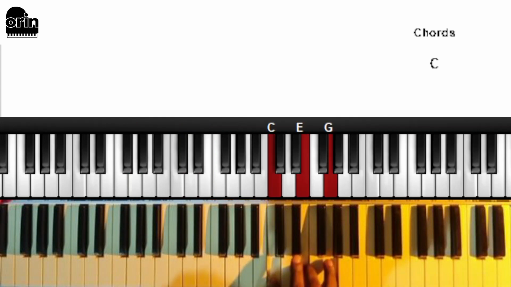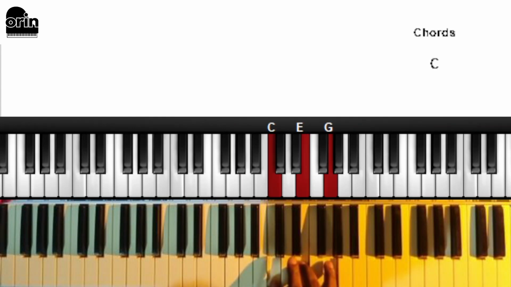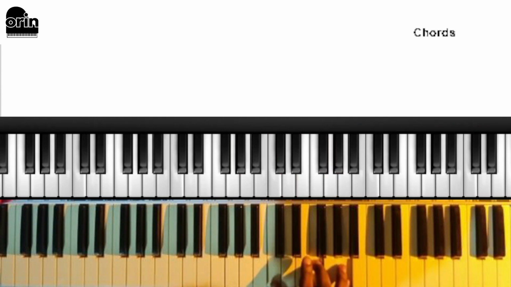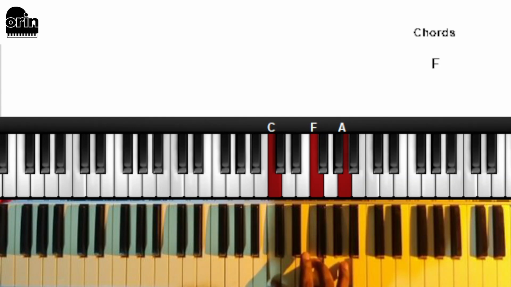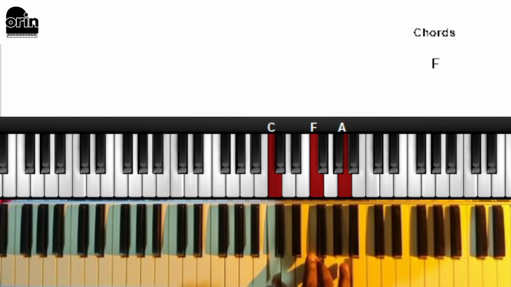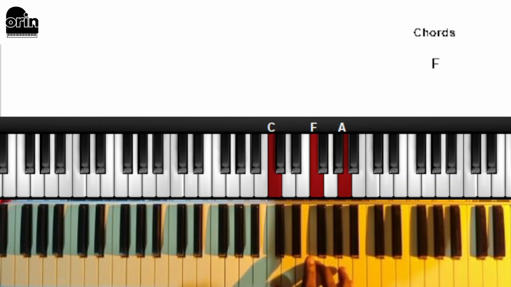So this is so mi. La, this is fa, F major, but la is the highest note, which is why I'm using this inversion of fa. La. Then I want fa.